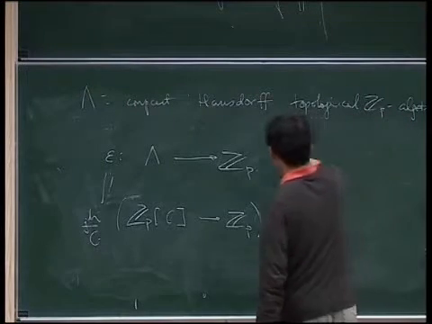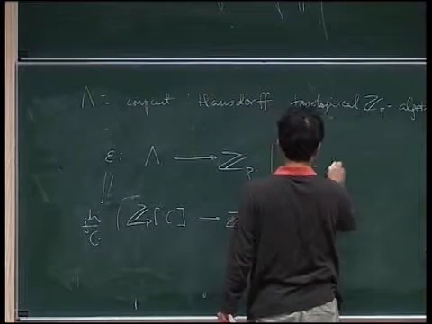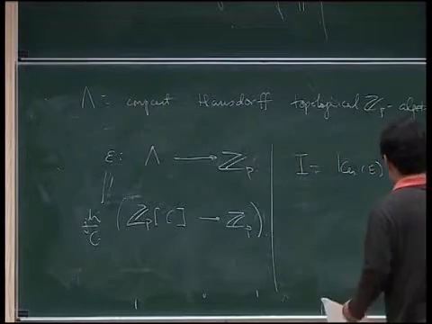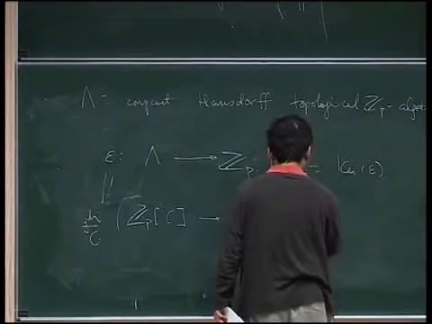And by I, I'll denote the kernel of epsilon. So I refer to this as the augmentation ideal.